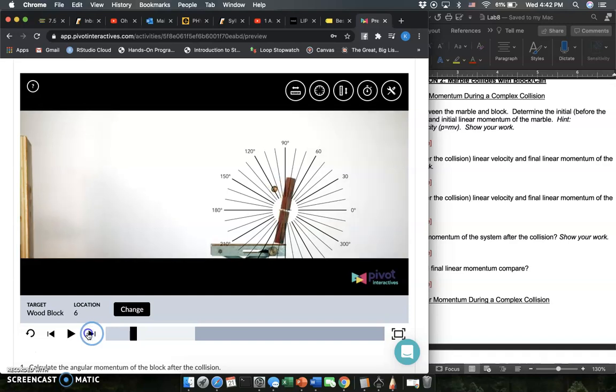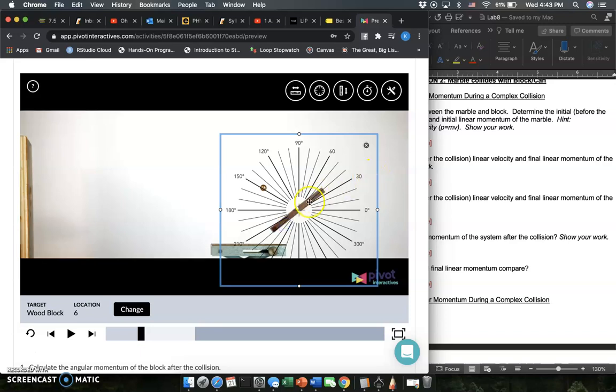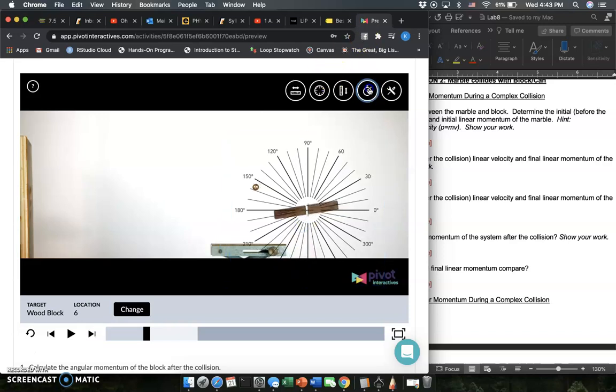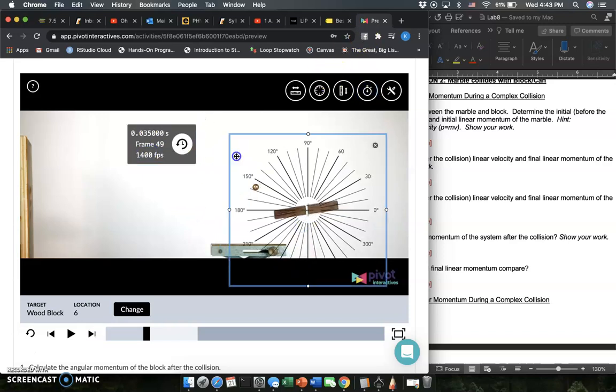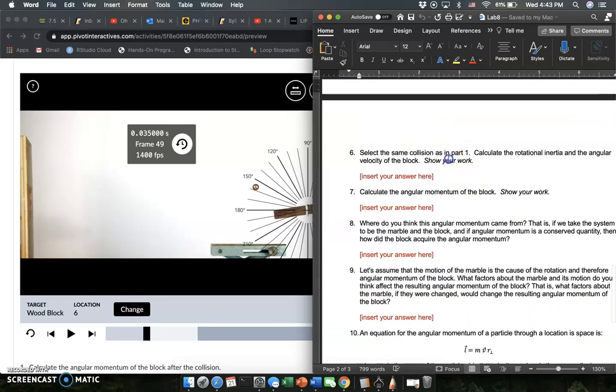So it's given some kind of angular momentum. You'll just have to follow it to see it's at this point now, and use your different tools here to determine the angular velocity first, and then momentum.